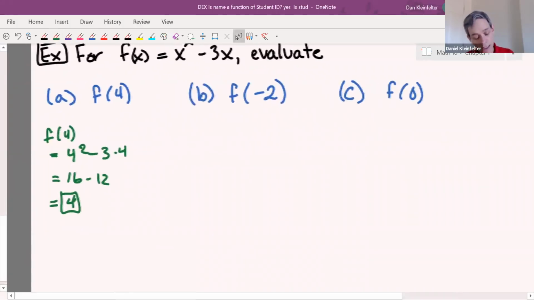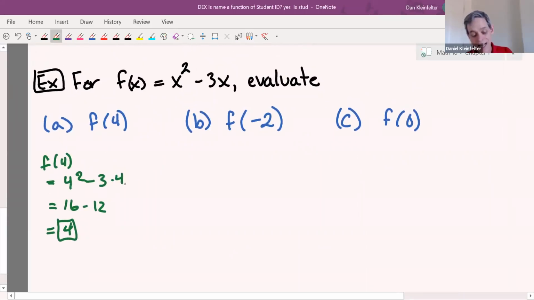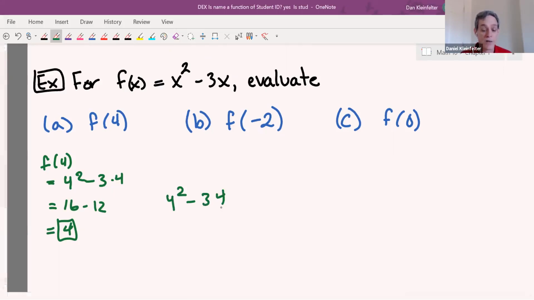You'll notice on this that when I put the 4 in place of the x, I had to put a dot in there to mean multiplication, right? If I wrote 4 squared minus 3 4, y'all are going to think that's 34, right? And it's not, it's 3 times 4.